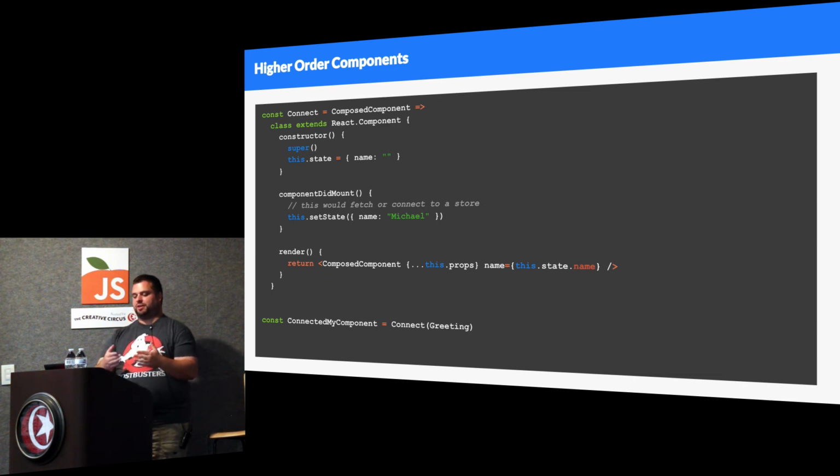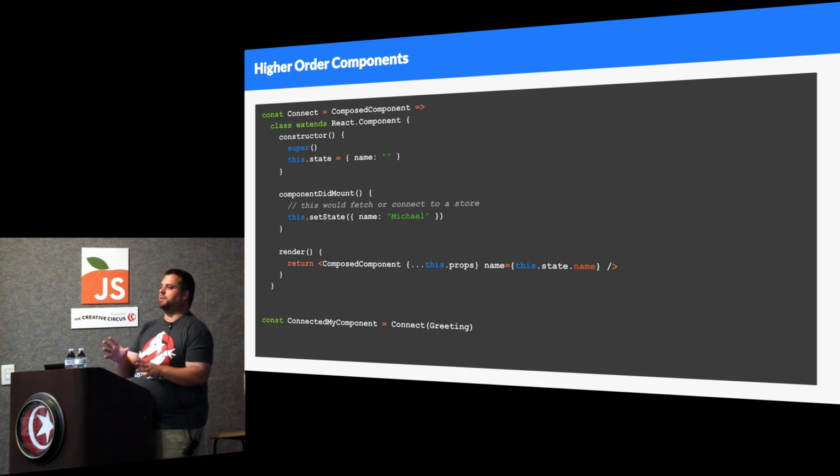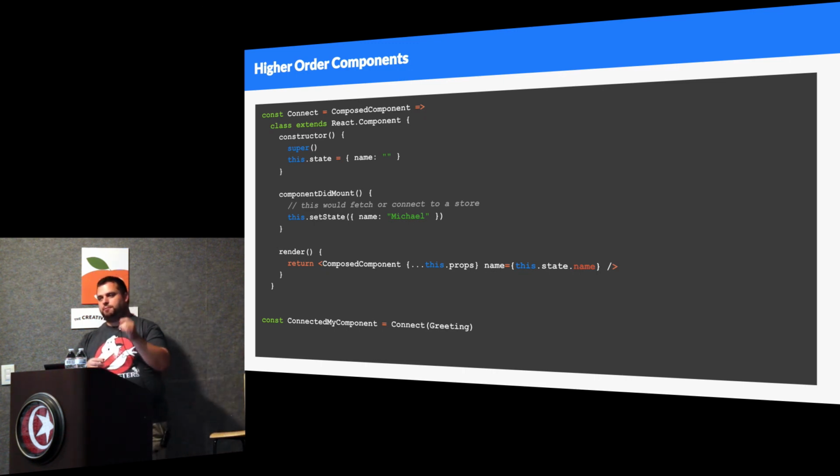And essentially what it's going to do is let you run through it. You'll see these come up as decorators now too, because as people add the latest and greatest Babel libraries, you can use these as decorators, and then you'll put @connect above a specific class, and it essentially wraps that whole component inside this one.